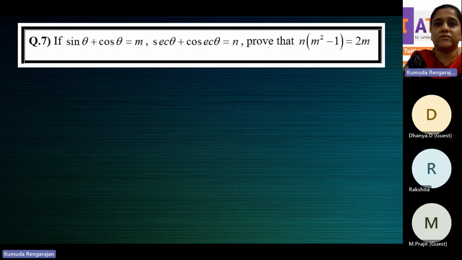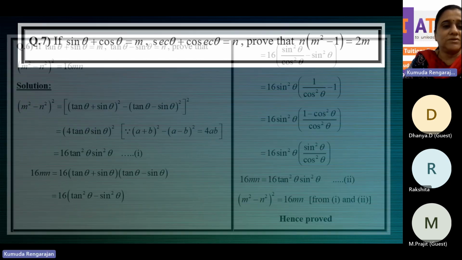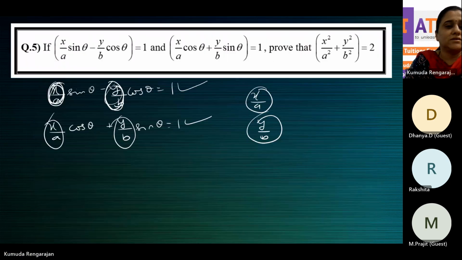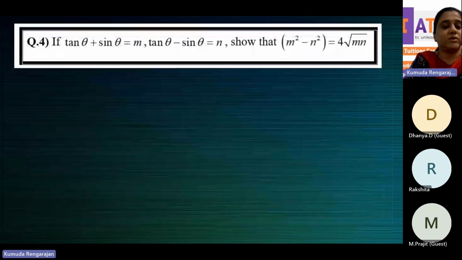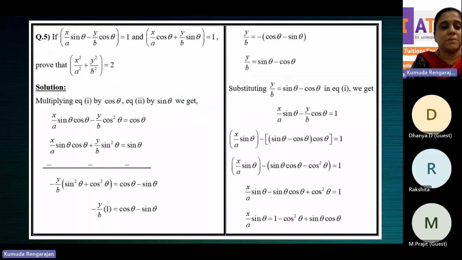Yeah, this is also similar. We had one P into Q square minus 1. No, let me just check that. P into Q square minus 1 we had. Yeah, this one. So this one is sine theta and cos theta, sine theta, cos theta, secant and cosecant.